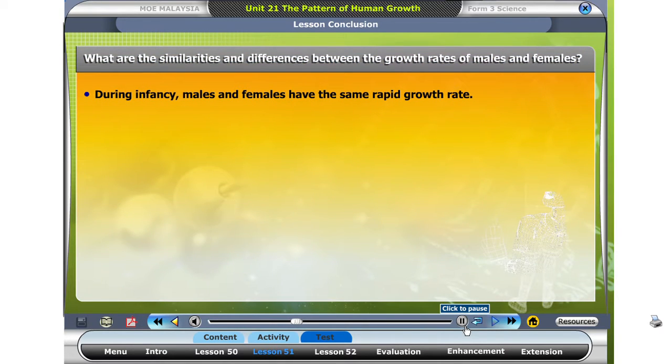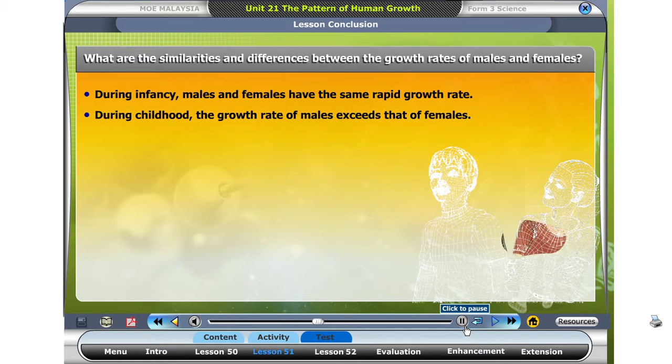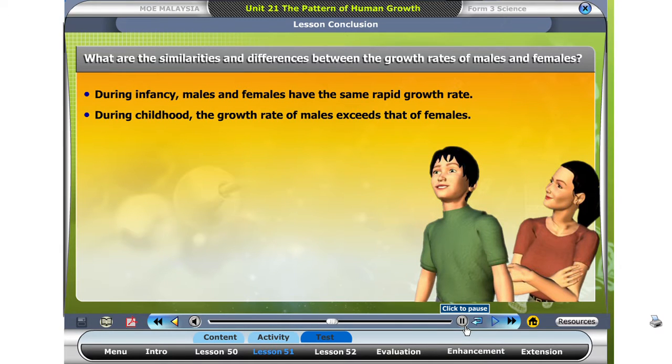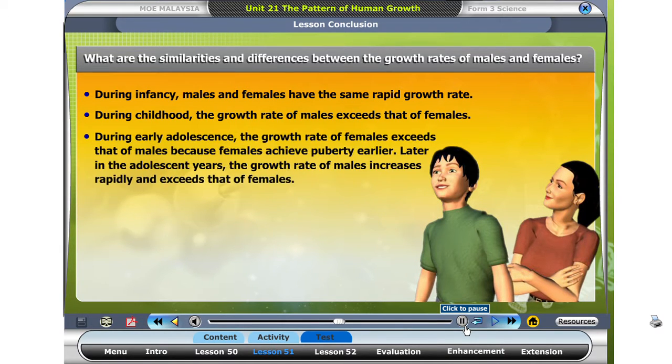During infancy, males and females have the same rapid growth rate. During childhood, the growth rate of males exceeds that of females. During early adolescence, the growth rate of females exceeds that of males because females achieve puberty earlier.